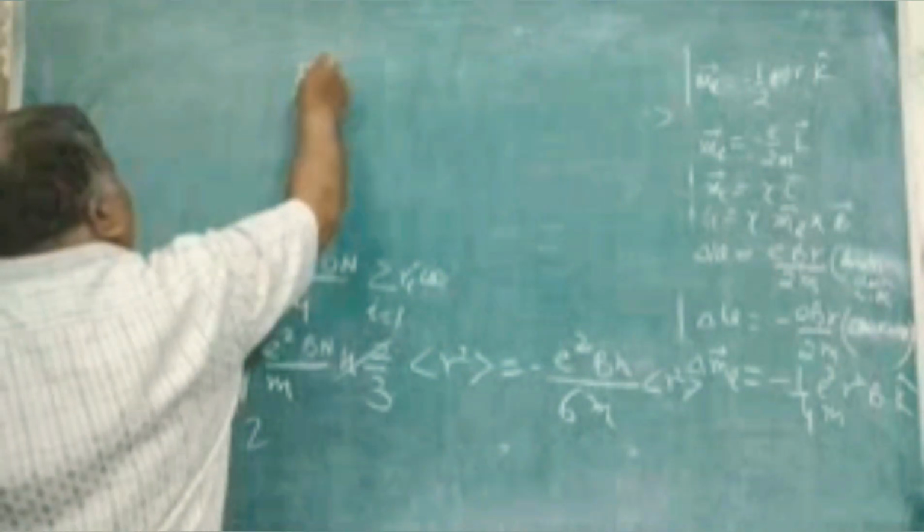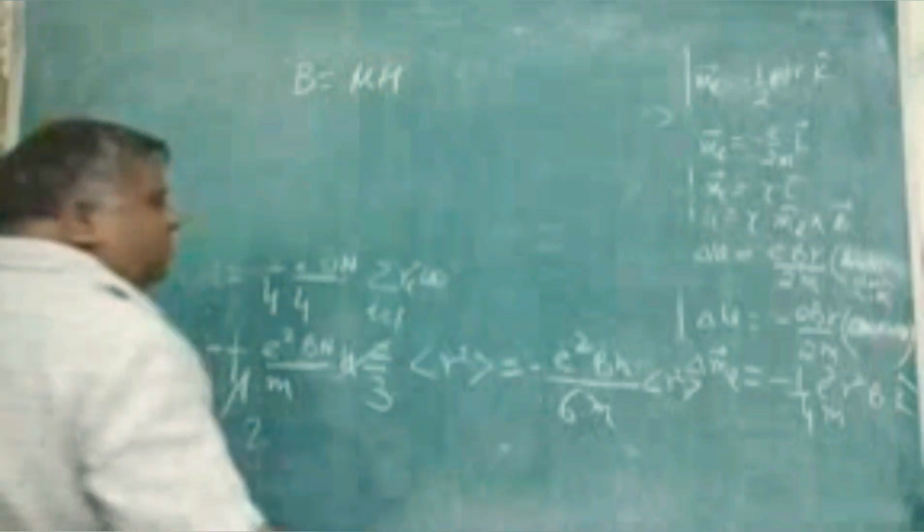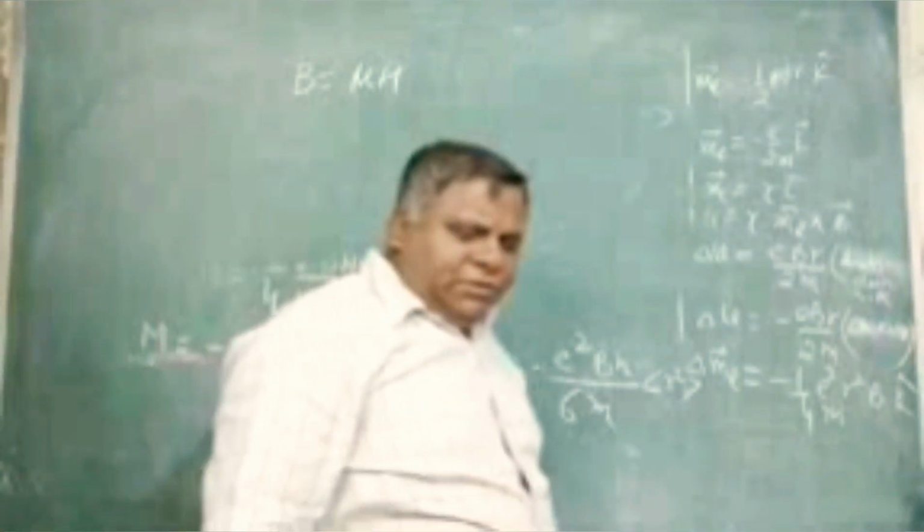We have B equal to mu H, because magnetic field is applied in terms of H generally.